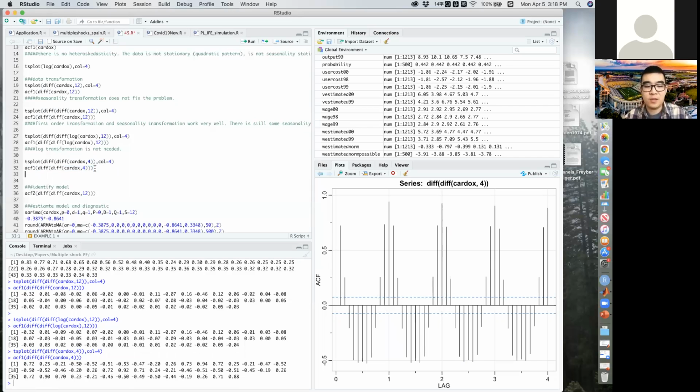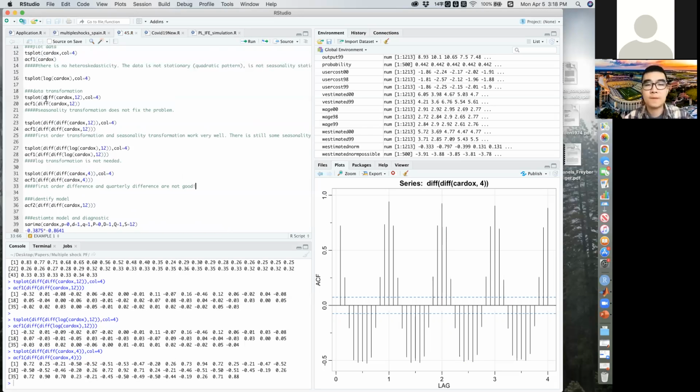So this suggests that the first order difference and quarterly difference are not good. Okay. Yeah, so that's part one, the data transformation part.